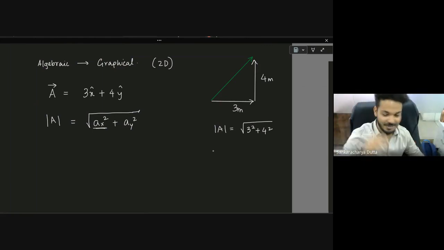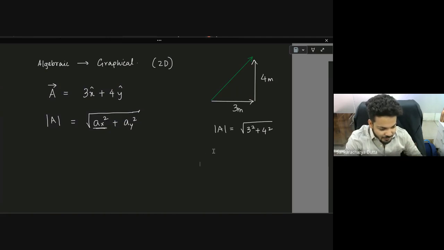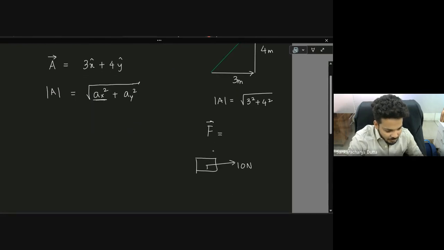Thank God. Okay, so I was saying, if I have a random vector like a force vector, and the force is acting in two directions, 10 Newton like this, and 15 Newton downwards. What is the net force on this body?